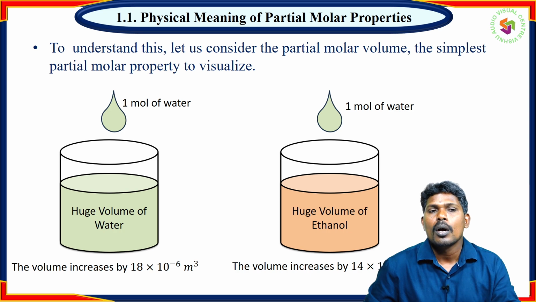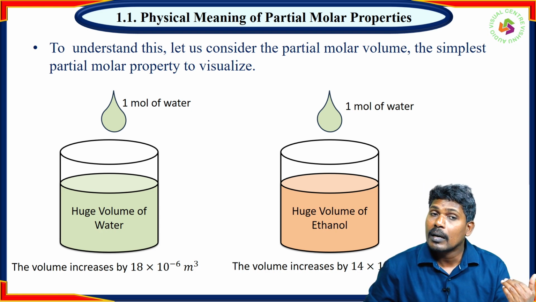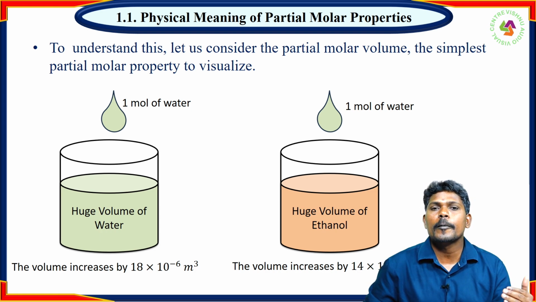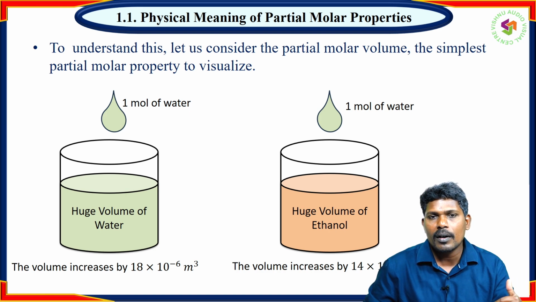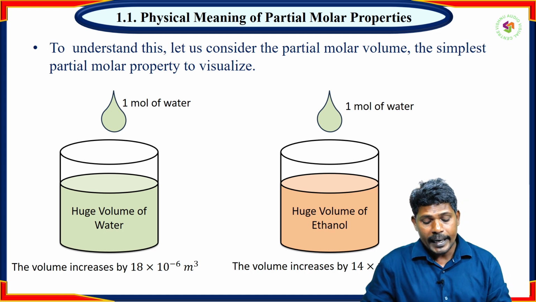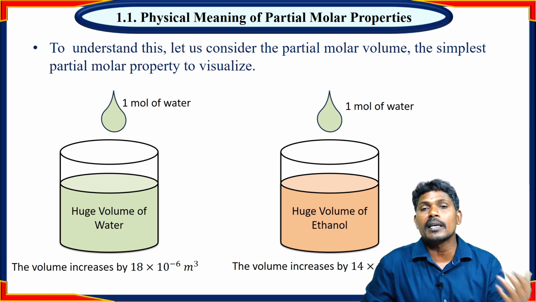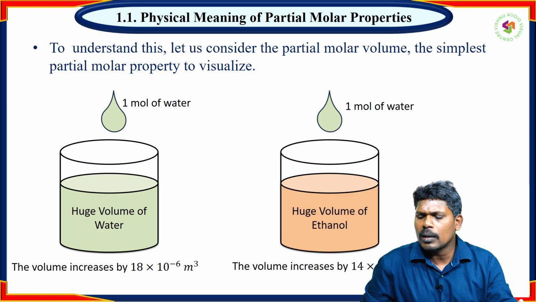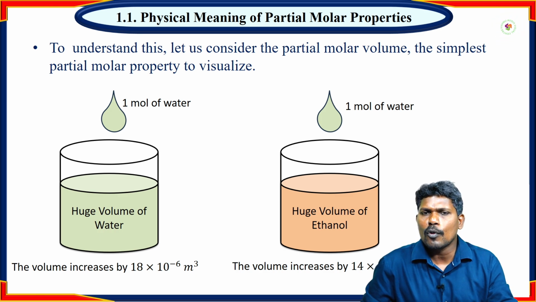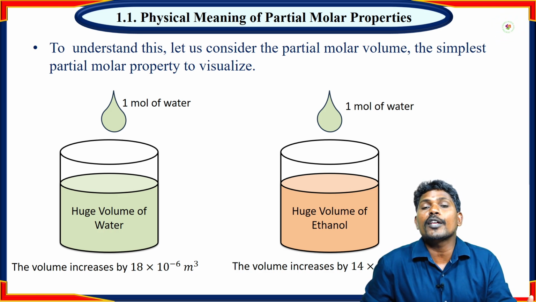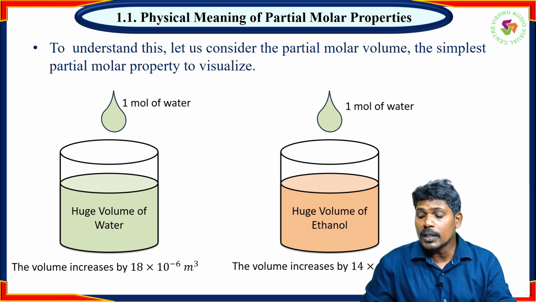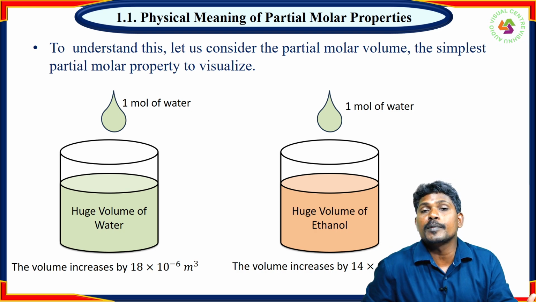In the same way, when 1 mole of water is added to a huge volume of ethanol, the volume is increased by 14 into 10 power minus 6 meter cube. We can see that.